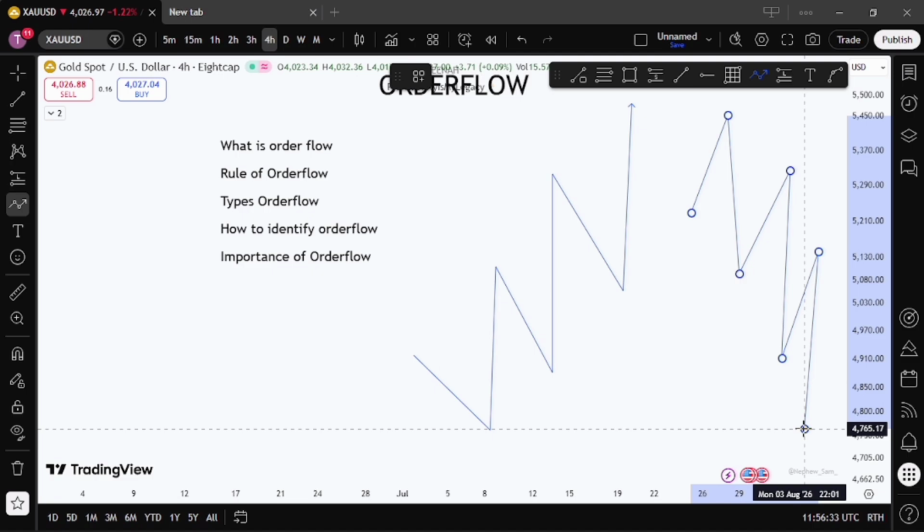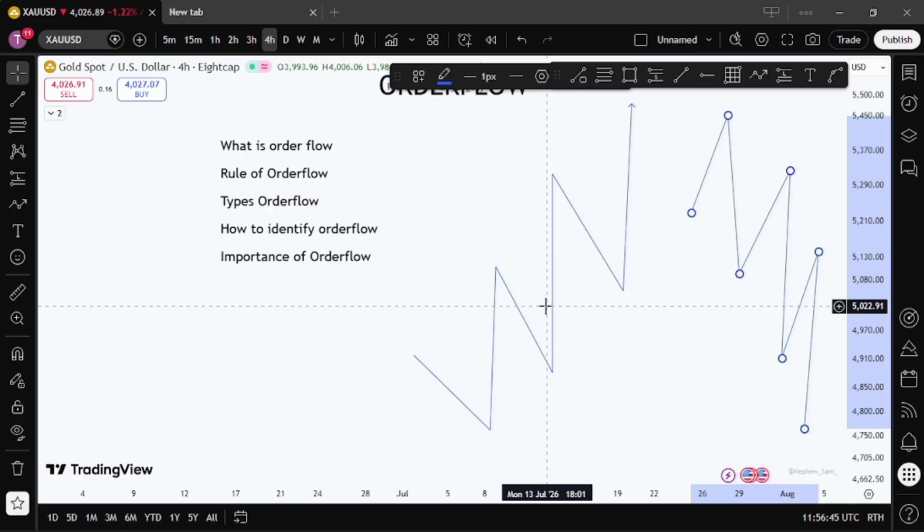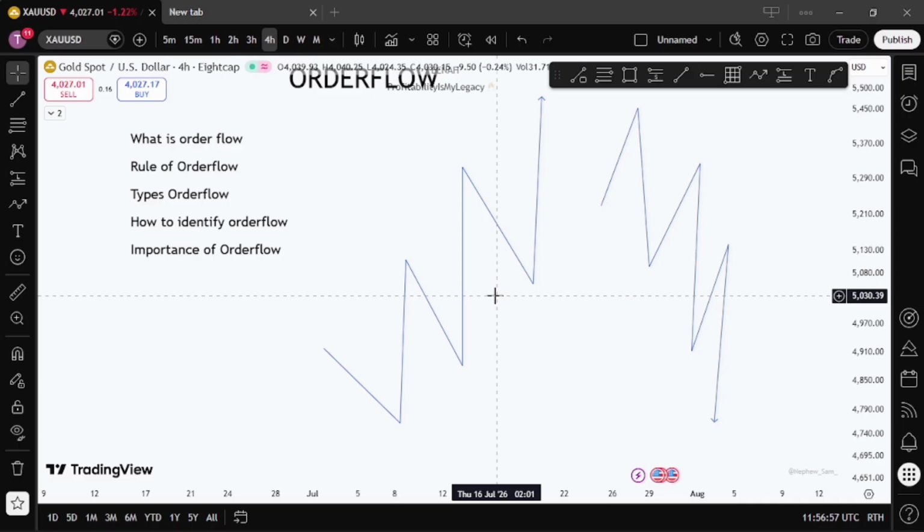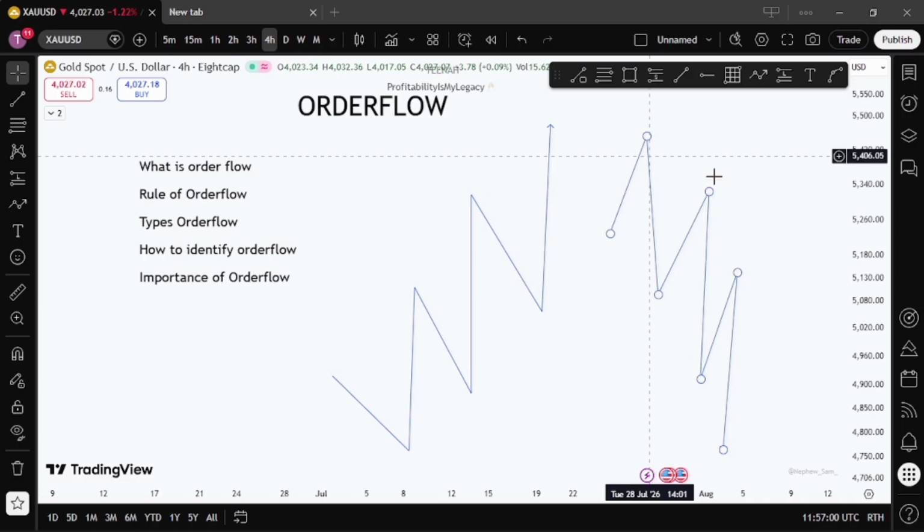It tells you that the sellers are in control, and in this case the buyers are not. When the buyers are in control, it tells you to focus on buying opportunities, and when the sellers are in control, it tells you to focus on selling opportunities. It's just as simple as that.